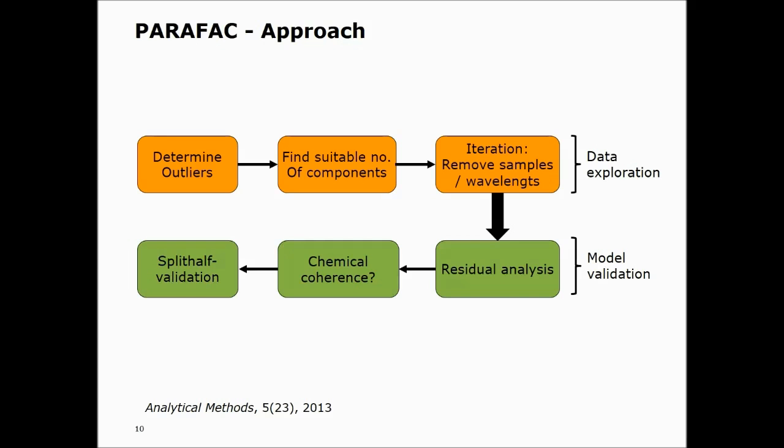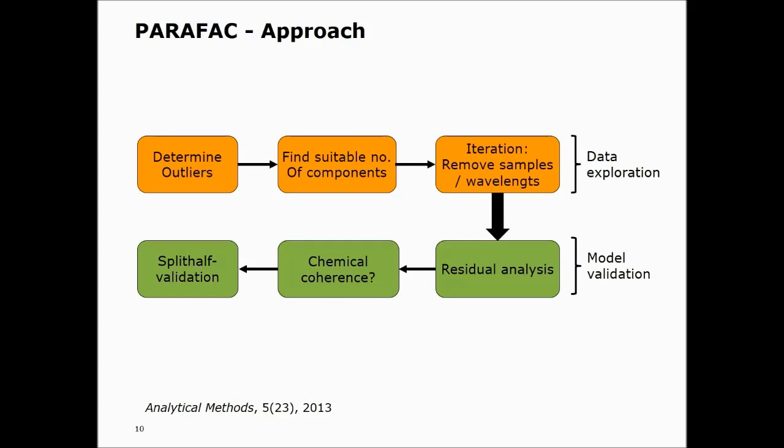These are samples that are either highly contaminated or contain other problems in themselves, so that they don't really represent the entirety of the batch of samples that you just measured. So they should be removed, or at least you should consider removing them in order to obtain a valid ParaFAC model that describes the majority of your samples.